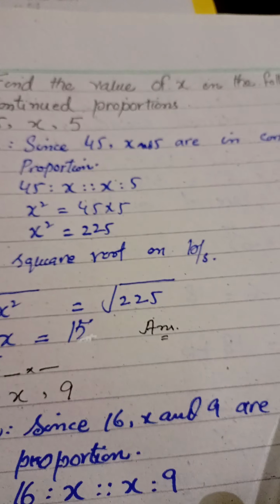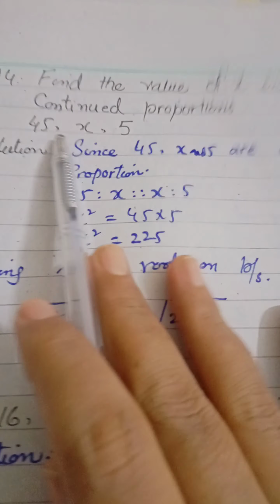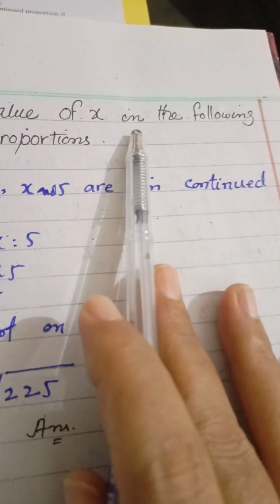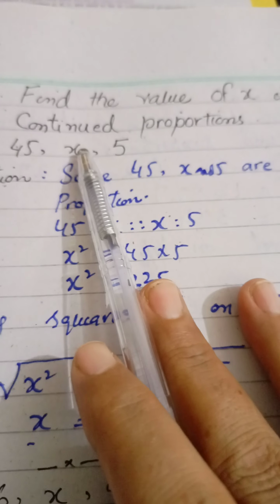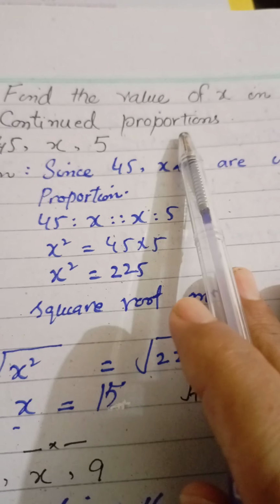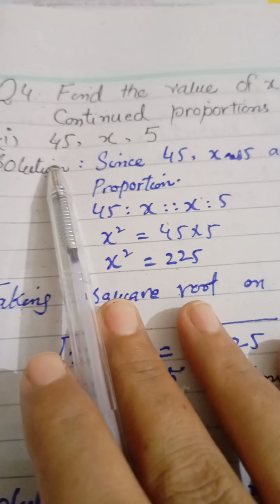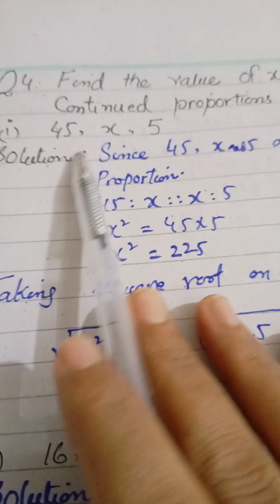Question number 4. Find the value of x in the following continued proportions. Part 1 is 45, x, 5.